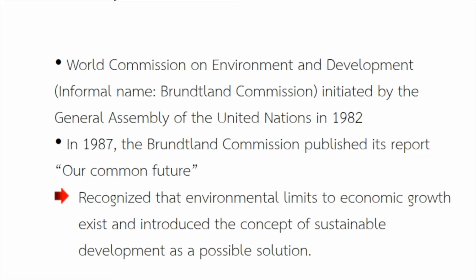One of the most important achievements of the Brundtland Report was that it viewed environment and development not as two separate topics, but as one single issue. And it furthermore introduced a definition of sustainable development, which you already know from our previous class. It said that sustainable development is development that meets the needs of the present without compromising the ability of future generations to meet their own needs.